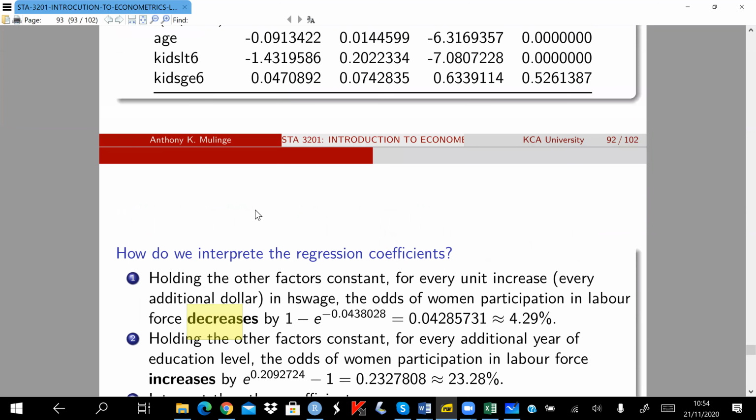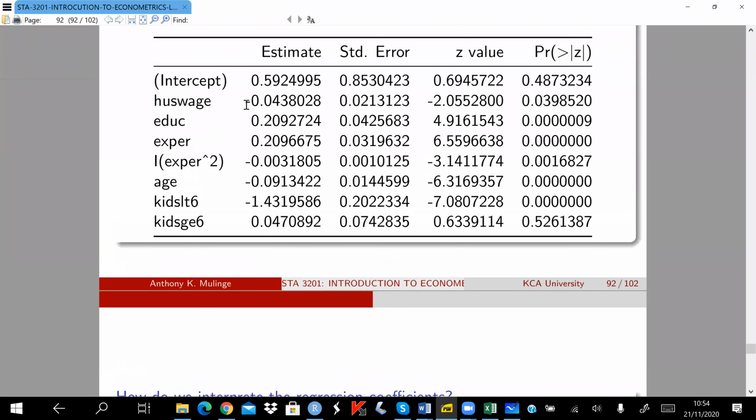We're interpreting the coefficient for husband wage, which has a negative sign. That means that as you increase the husband wage, the probability of women participation in labor force goes down.